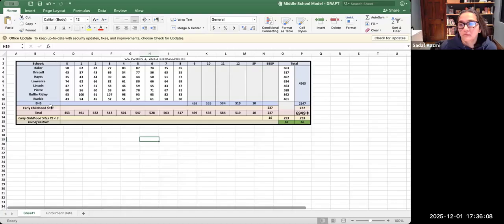With the understanding that there's a lot of other things to consider, and that this would be a potential efficiency at a steady state. It would take some time to get there, but doing it in a way that would manage potential costs, specifically related to transportation, as well as classroom retrofitting.